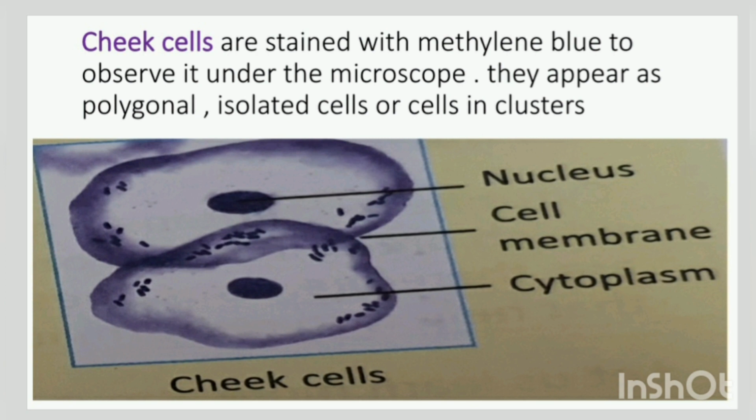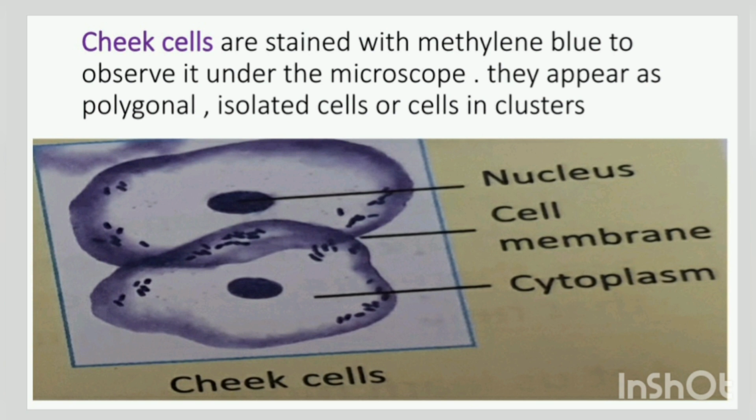To prepare the slide for an animal cell, we can use the cheek cells. You have to gently scratch the inner side of your cheek with a toothpick. The toothpick should be blunt, not sharp.